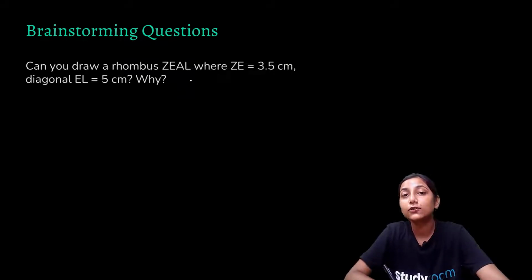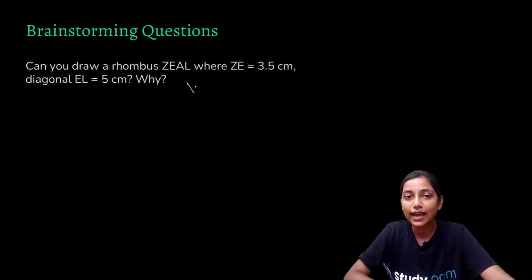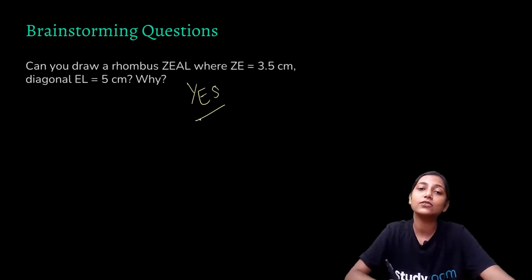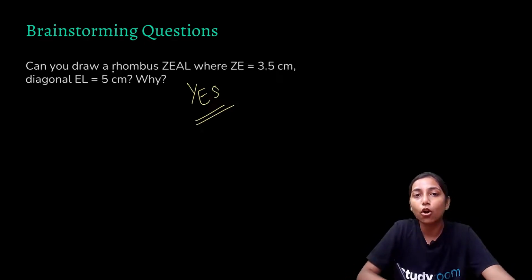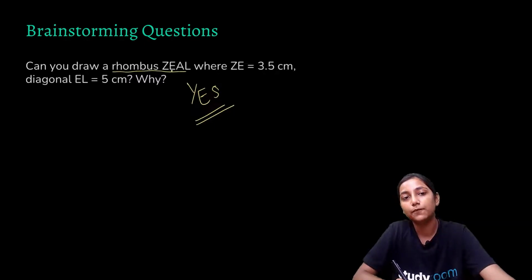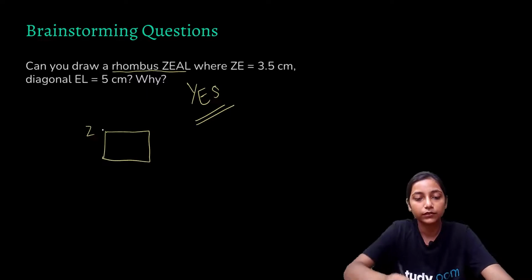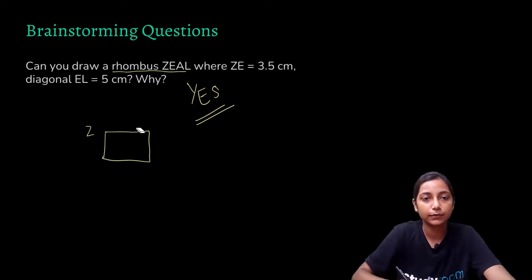So the answer to this question will be yes. Now why is that so? The reason being that we are given a rhombus and we know that a rhombus has all the sides equal.